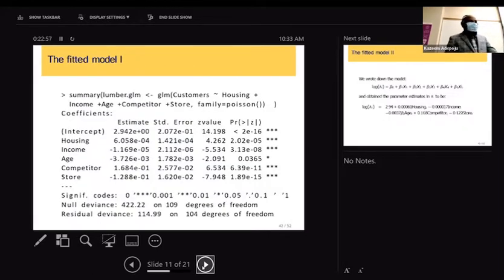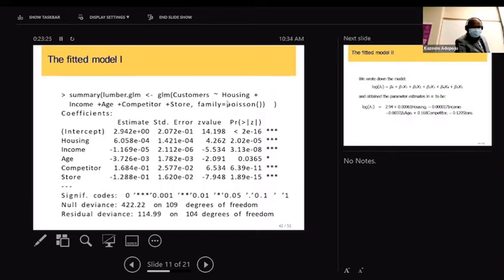Now, I'm going to show you the code. Take a look at the code now. What is the difference between the code for Poisson regression, linear regression and logistic regression? If you want to write for Poisson regression, you're going to write glm. Don't forget, when you want to fit conventional logistic regression, you normally write glm. But what is the difference here?